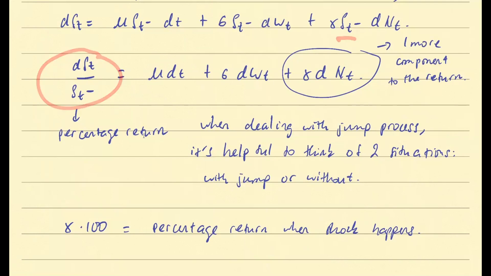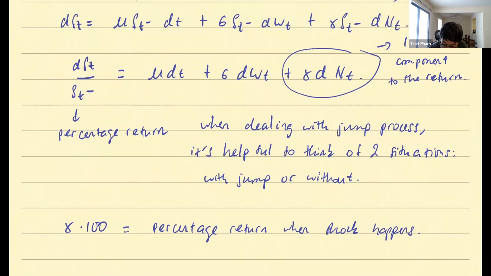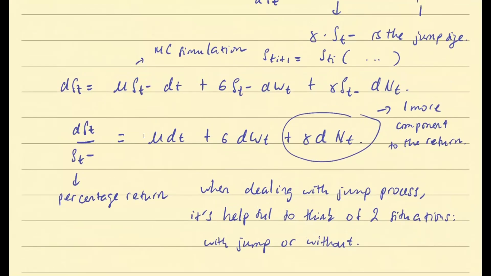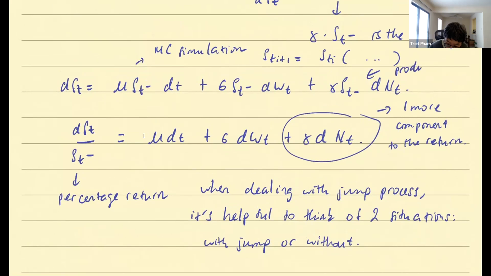So should it be just plus the gamma and minus the dNt? Oh, no. So the minus here goes with the t. It's not St minus dNt. The whole structure is a product. Oh, I see. So this is a product. All right. Okay.